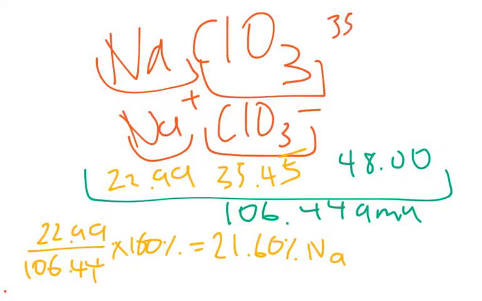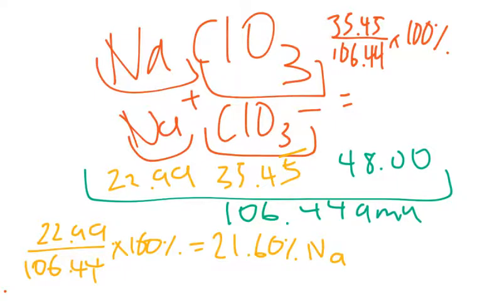Chlorine is 35.45 over the total mass, which is 106.44, times 100%, and we get around 33.31% chlorine by mass. Now let's do the oxygen.